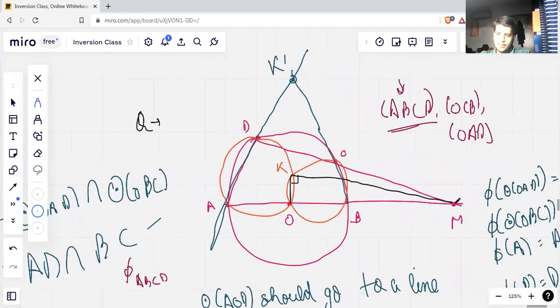Now let's talk about M. Since M lies on AB, the inverse of AB is just AB because this line passes through O. So M dash lies on AB. And M lies on CD, right? So it's a line, and the inverse of this is a circle passing through O. And since this line has C and D, 2 points which go to themselves, the inverse of this line should be the circle OCD.